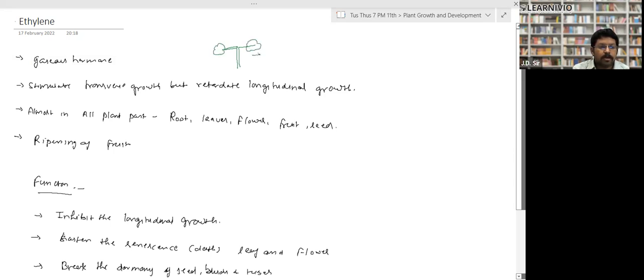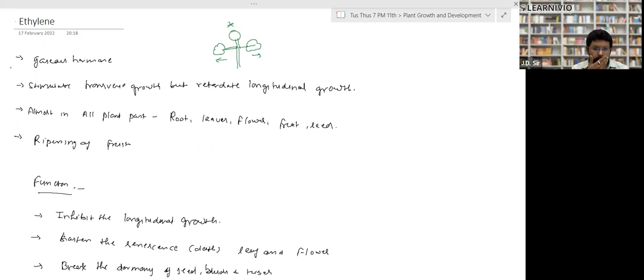It helps horizontal growth, meaning it suppresses the apical dominance and does not allow growth in a vertical manner, right? So note it down: it stimulates the transverse growth but retards the longitudinal growth.